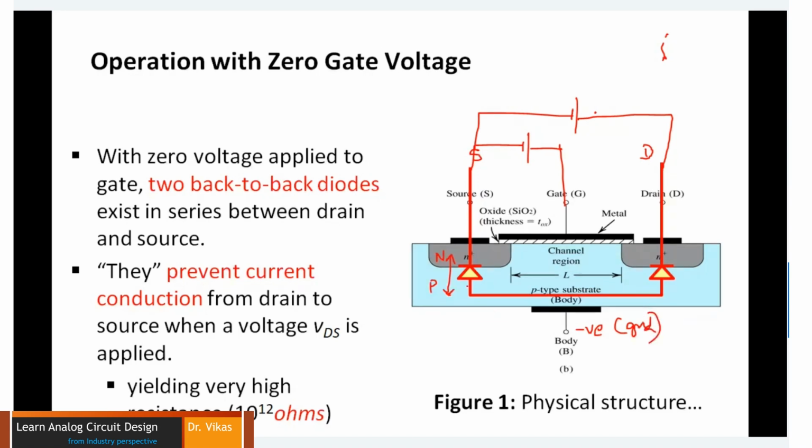So my P side is at lower potential, and if that happens, this particular PN junction will be reverse biased, and here my N side of the PN junction will be at a higher potential. That means this particular PN junction is also reverse biased. So this is going to ensure there is no conduction happening within the MOSFET.